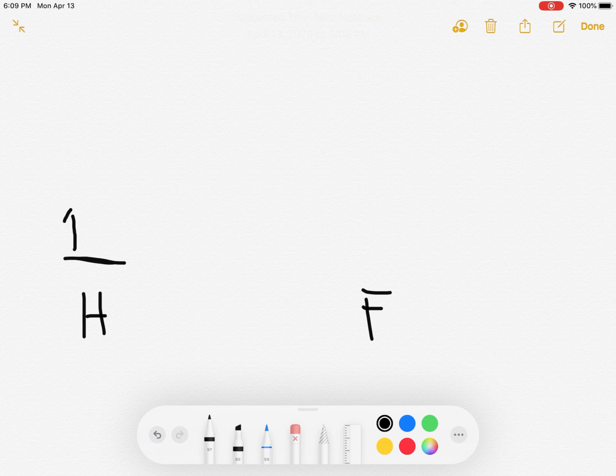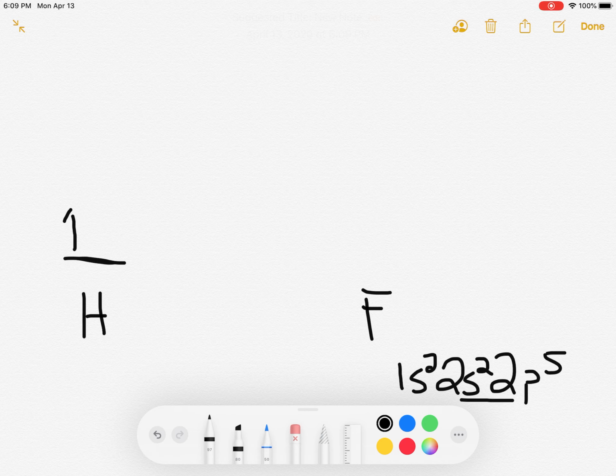Fluorine's valence electrons are in the 2p. Just to give you the electron configuration: 1s2, 2s2, and 2p5. So the valence electrons are in the second shell, but specifically the half-filled orbital is in the 2p.